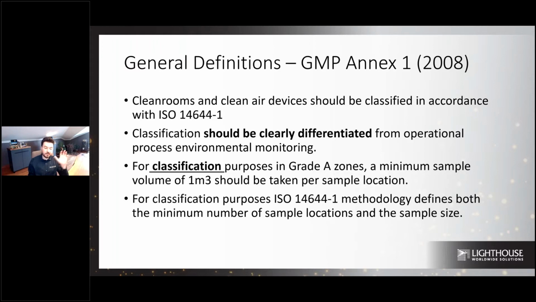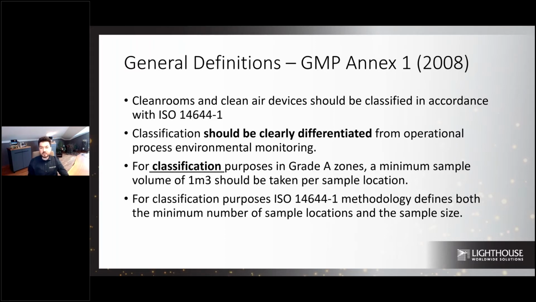That's why GMP has its own expectations in terms of 5 micron. We will talk later on, but keep in mind, 5 micron is the most critical parameter, especially for monitoring and also for classification in pharma. Even if ISO is not expecting it, even in the long run, GMP says, I don't want to see 5 microns in classification.